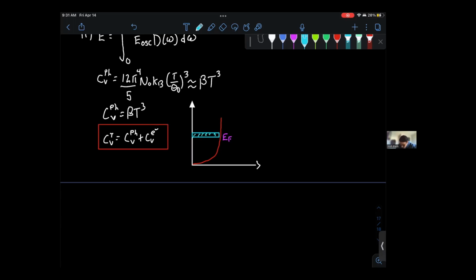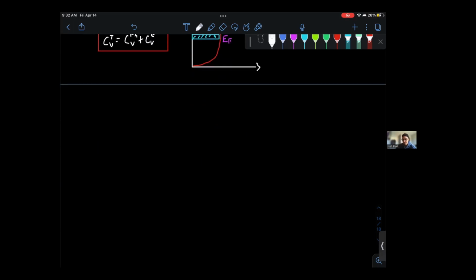Only these electrons can contribute. Now, this gives a little bit of a lengthy derivation, which I'll kind of go over, but it might not be as important as our final answer is going to be.